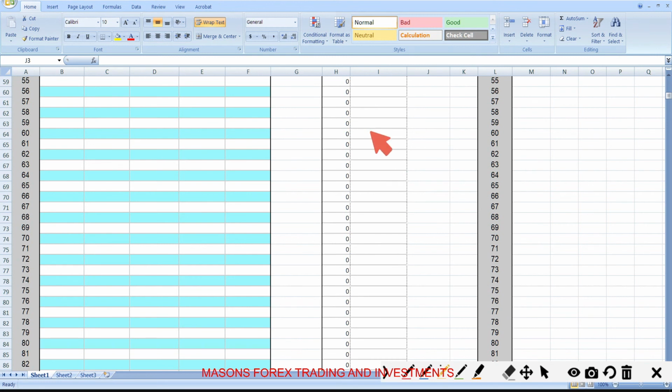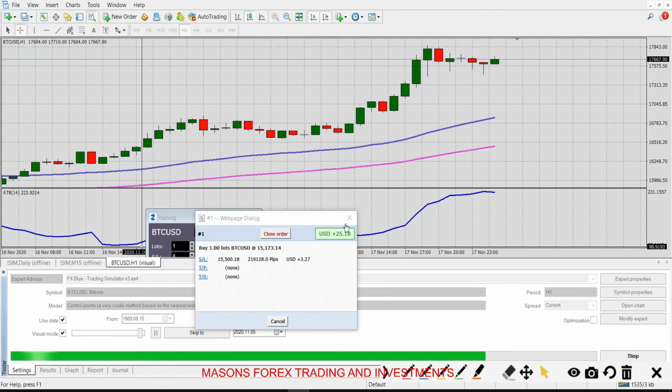Let's say after 60 trades it gave us minus 500. Or we lost. So we need to go back to the drawing board, and we don't give up on the strategy. In fact, we try and test it more.